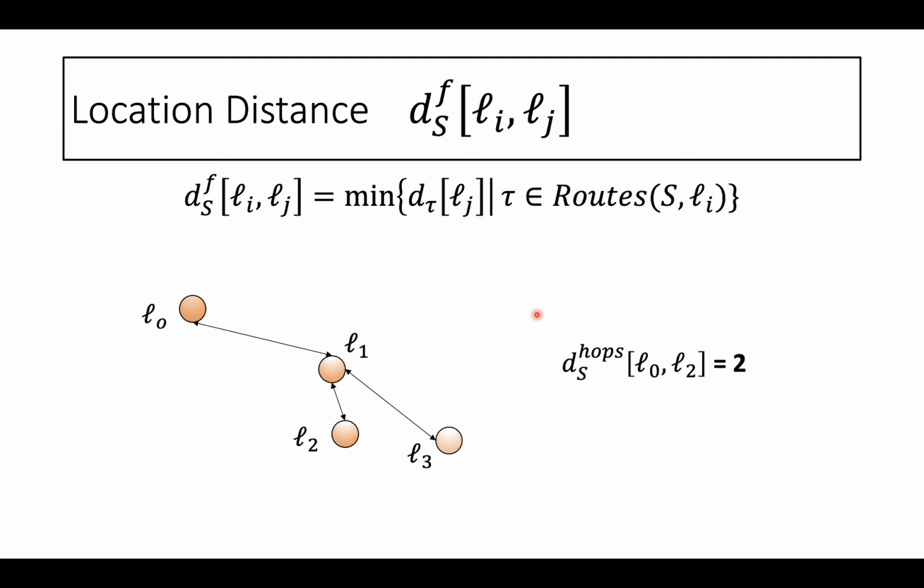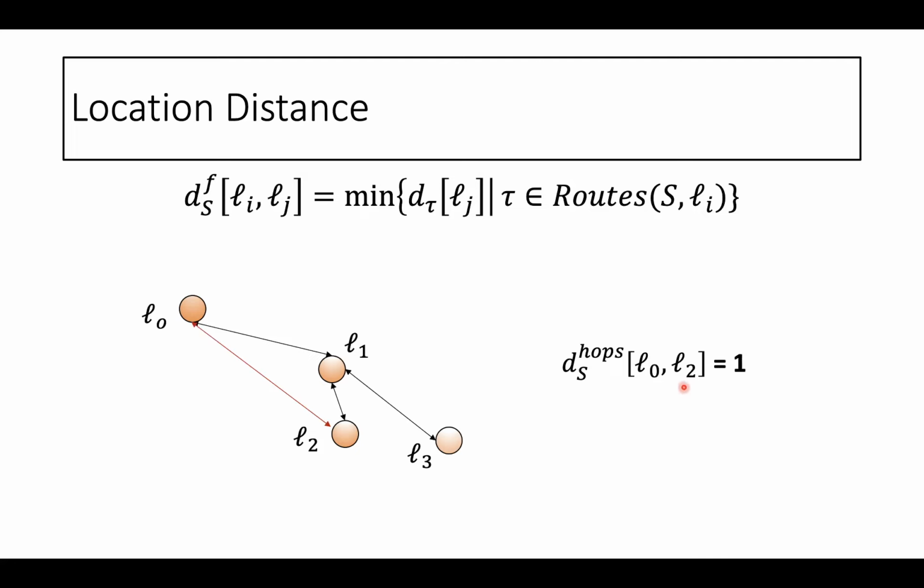So for example, taking the previous example, if we look at the location distance from L0 to L2, considering the hop distance and all possible routes, in this case we have just the value equal to 2. But if you add an edge that goes directly from L0 to L2, then this value will be equal to 1.